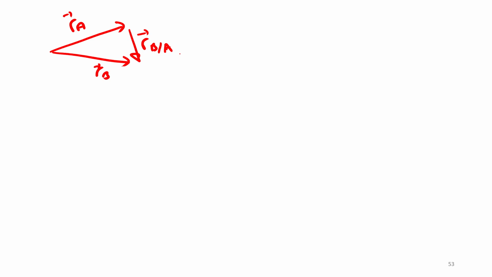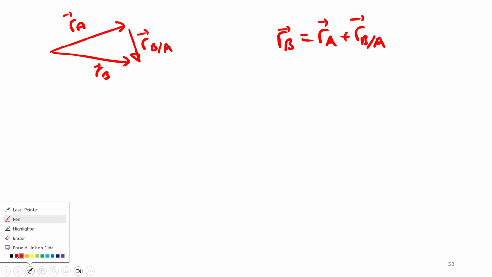And then with simple vector algebra, RB is equal to RA plus RB with respect to A. And the simplest way to see whether it is true or not, if you just cancel the A's, you can see that the result is true. And also you can do it this way.